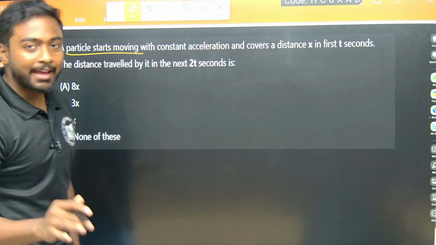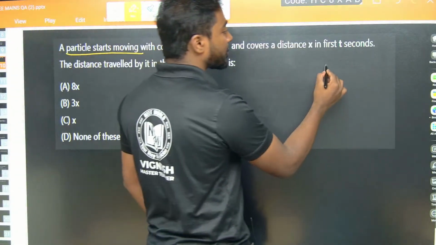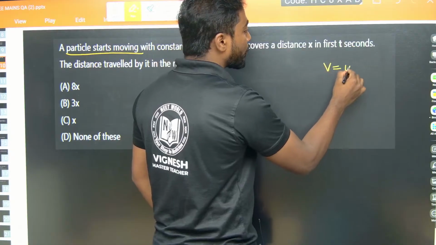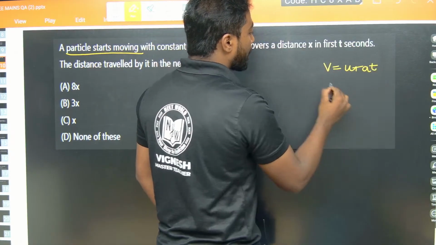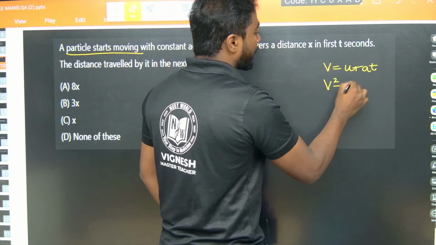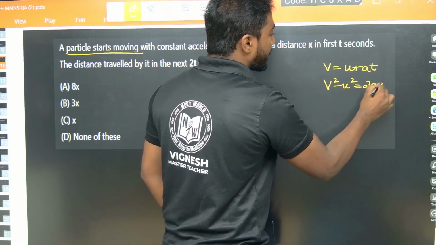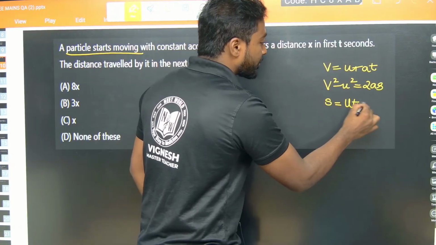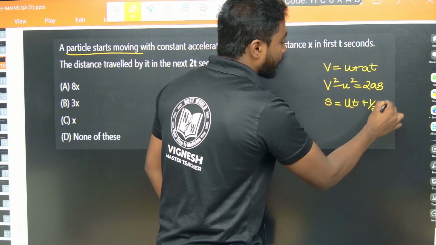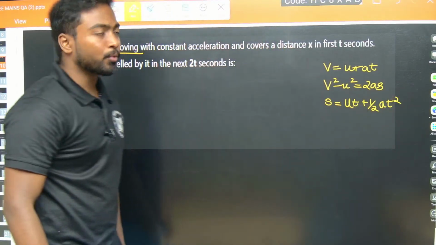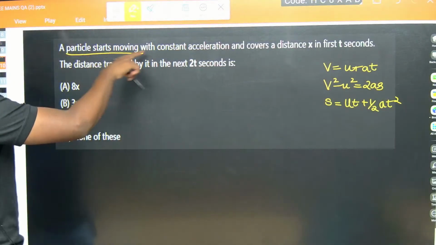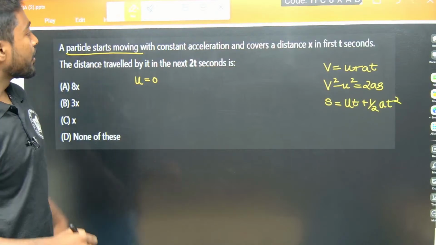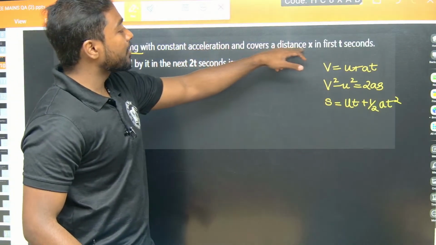Constant acceleration in the sense I can use the equations now. v equals u plus at, v square minus u square equals 2as, and s equals ut plus half at square. This equation I can use, right? So starts moving in the sense u will be equal to 0, right?